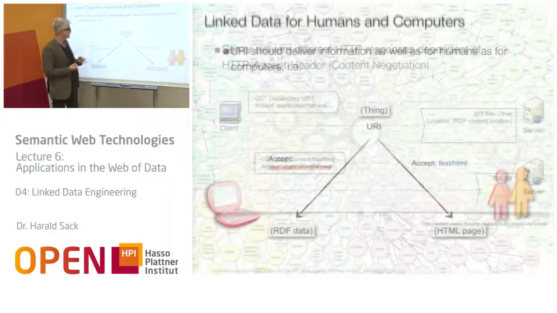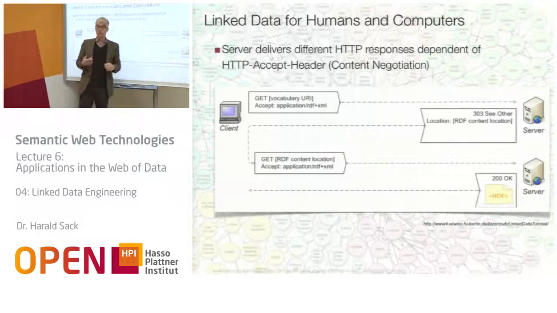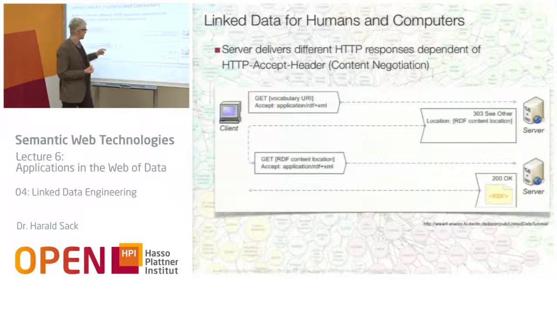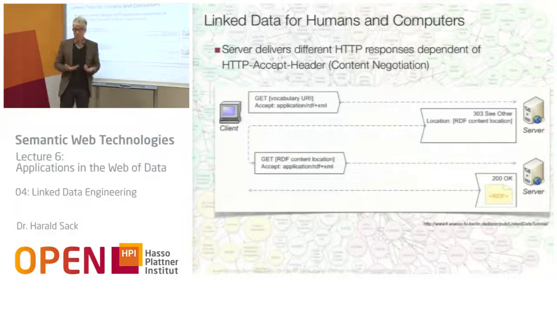So what happens at the web server is the following. You have the GET request via HTTP, with the accept header format application/rdf+xml. This goes to the web server. The web server reads the accept header and decides, okay, RDF should be the response, and this RDF data is at another URI.